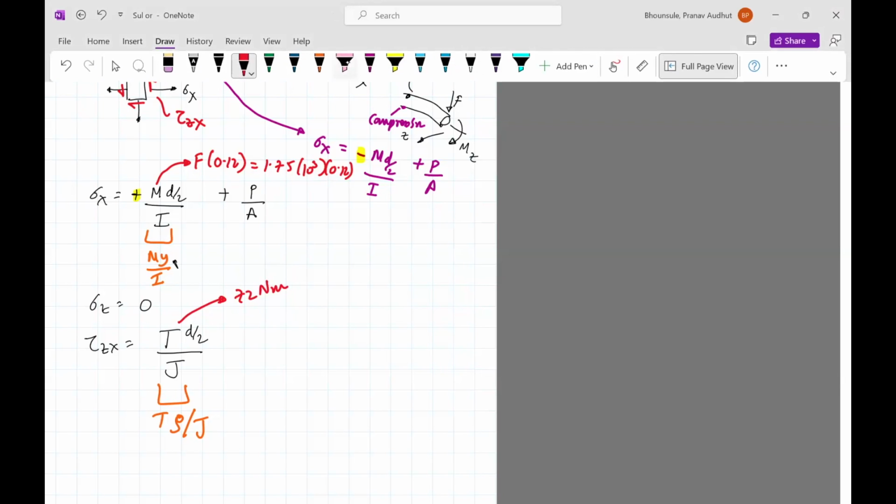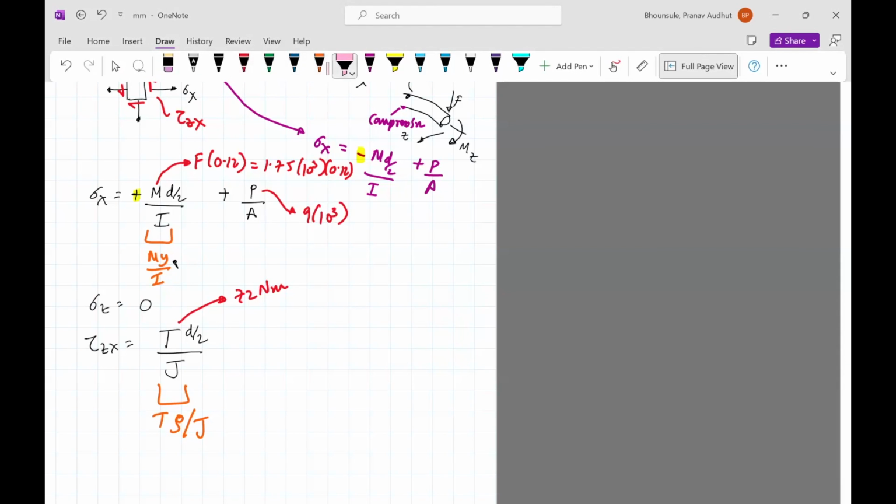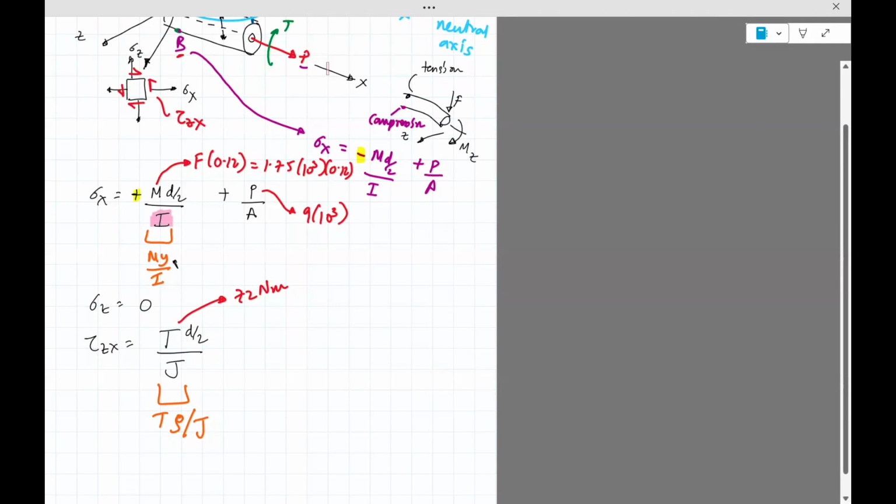What is unknown here, I'm going to show that in pink. This P is known. I should put that value. P is given. It is 9 kilonewtons. So 9 times 10 raised to 3. So the unknowns here are I, d, A, and here d is unknown and J is unknown.